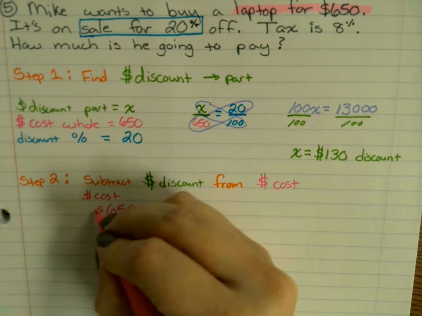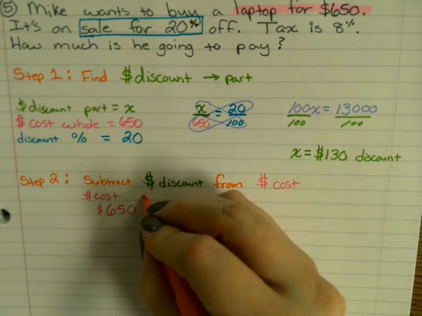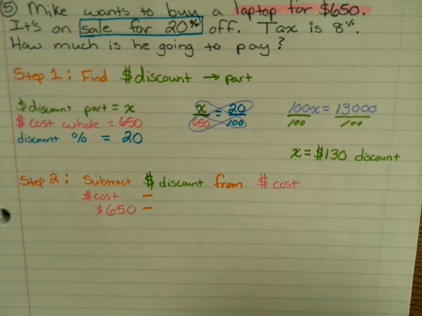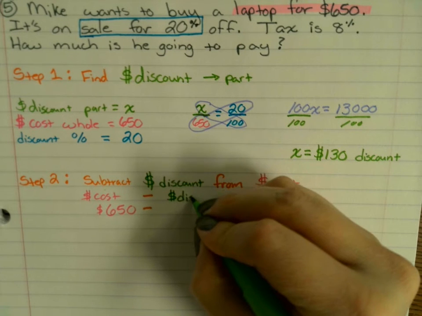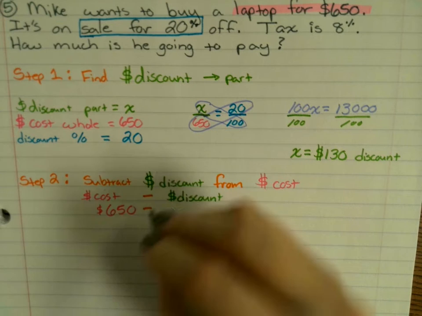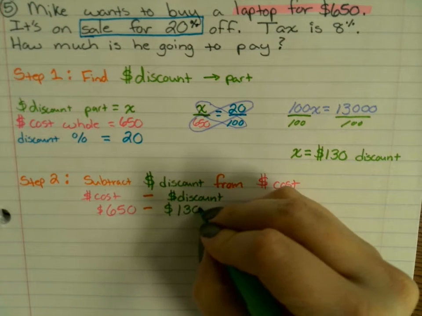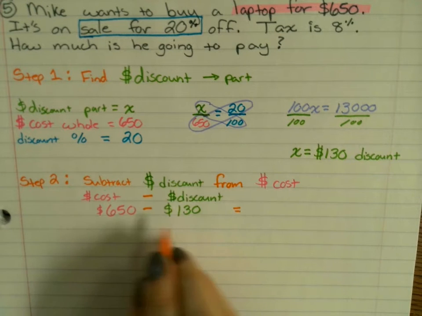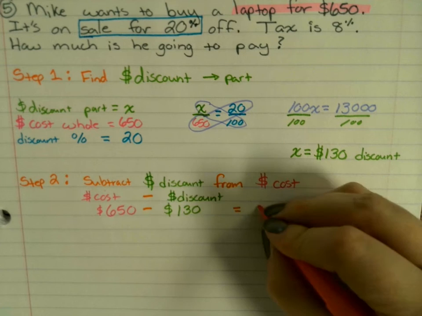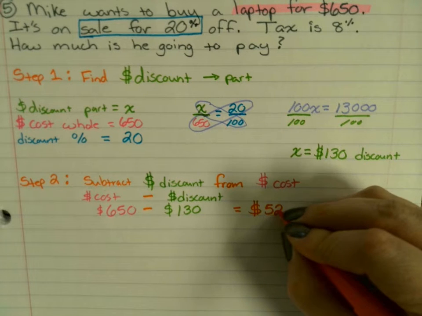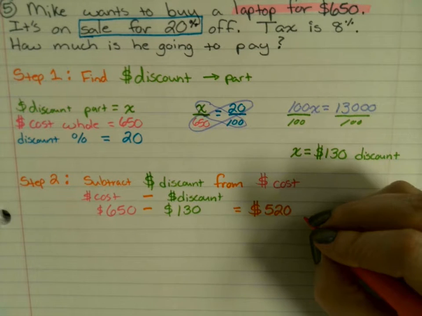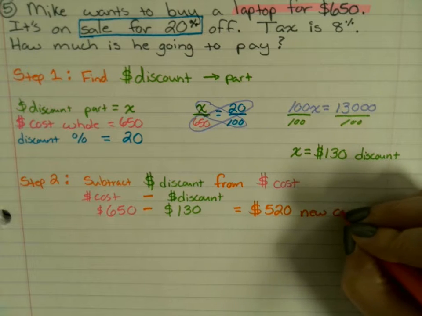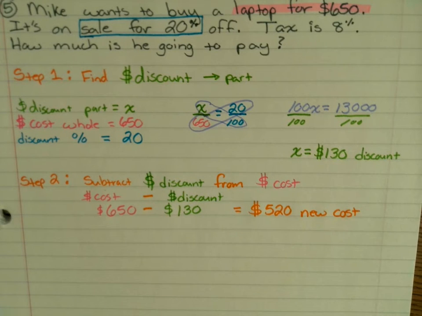I'm going to go ahead and subtract my discount, the discount that I just found, which was $130. Okay, now that I've done that, I've done 650 minus 130, that's going to give me 520. That 520 represents my new cost. That's my new cost. 520 is the new cost.